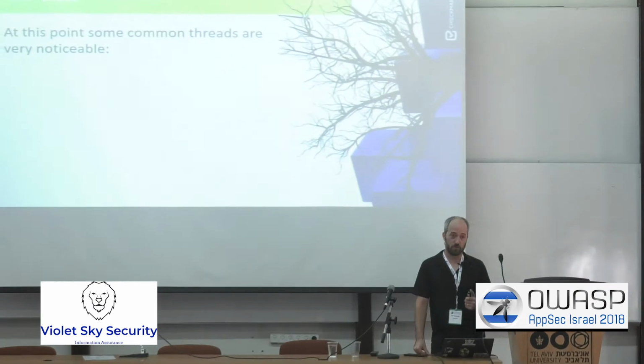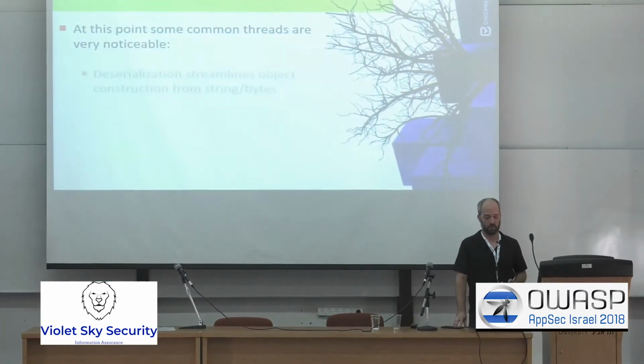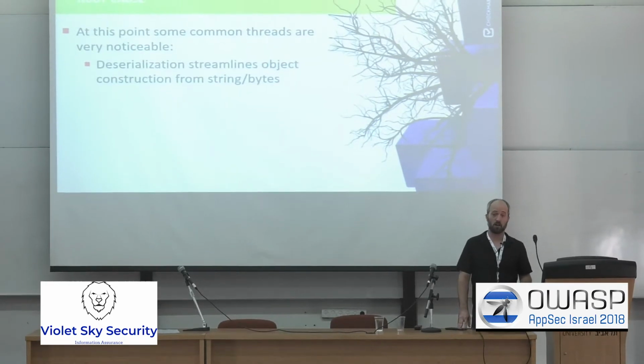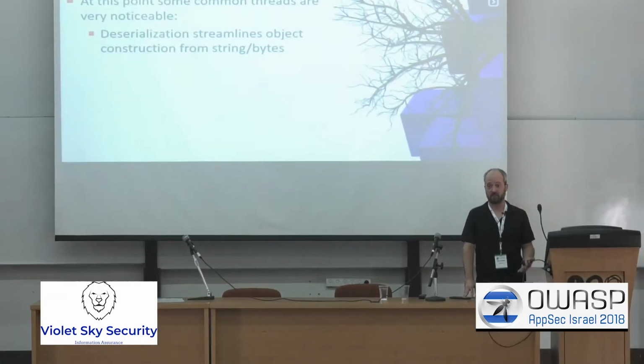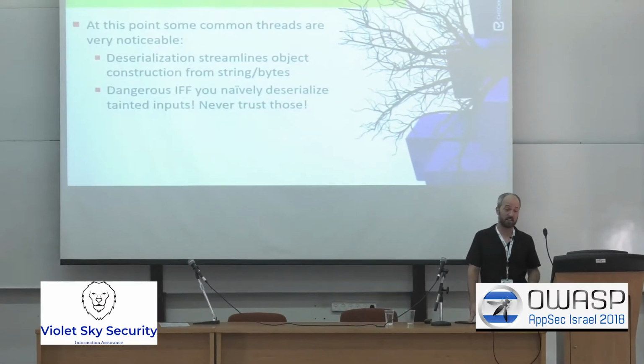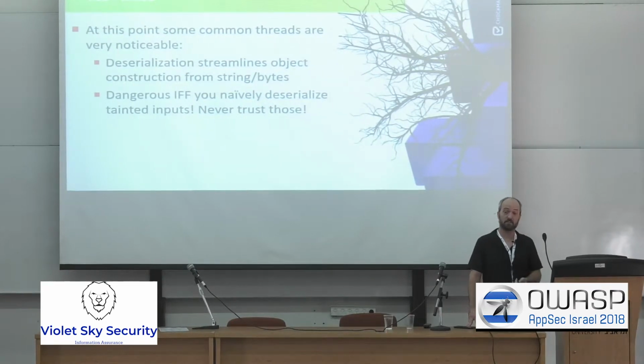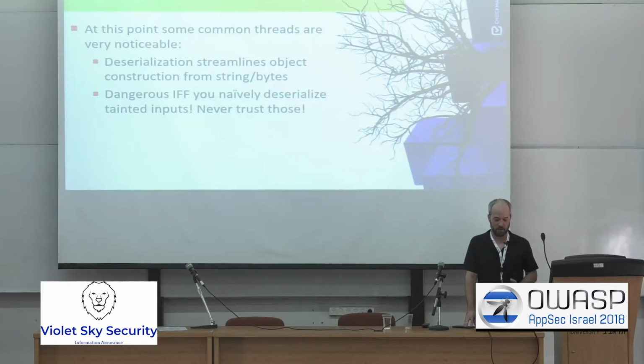Going back to the actual exploitation that we saw, there are very noticeable common threads here. The idea is streamlining: taking a string or a byte stream and converting it into an object. It's dangerous if you naively use it on data that you don't trust. That is to say, there is pretty much no such thing as deserialization attacks if you can't control the input.